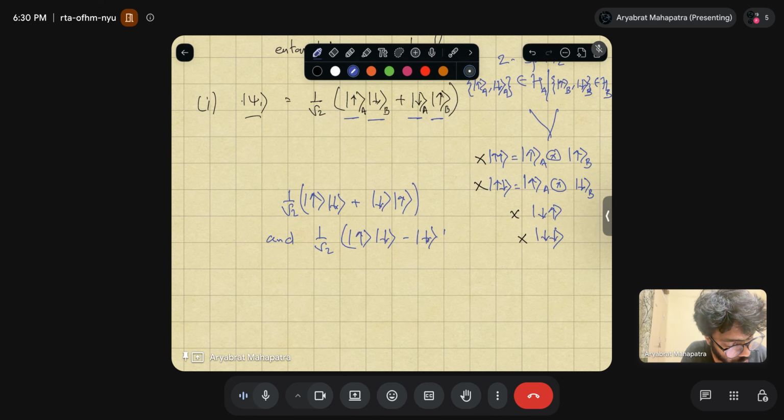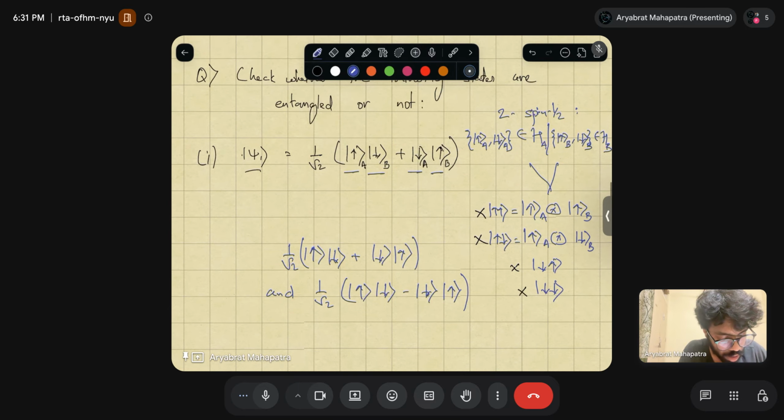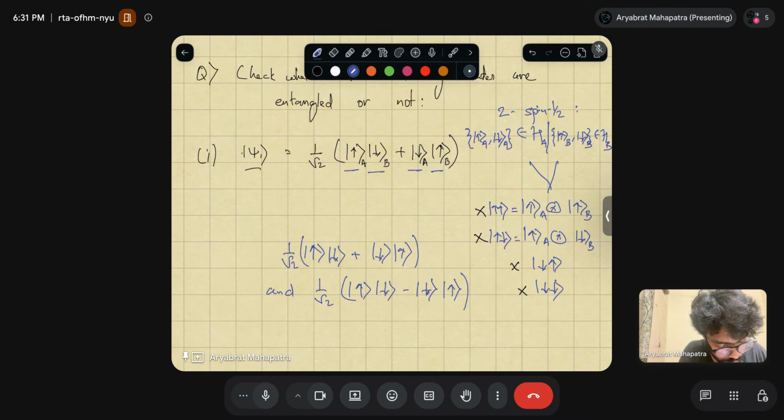These two are entangled quantum states because now we have a linear combination structure. That is why we can say that this is an entangled state.